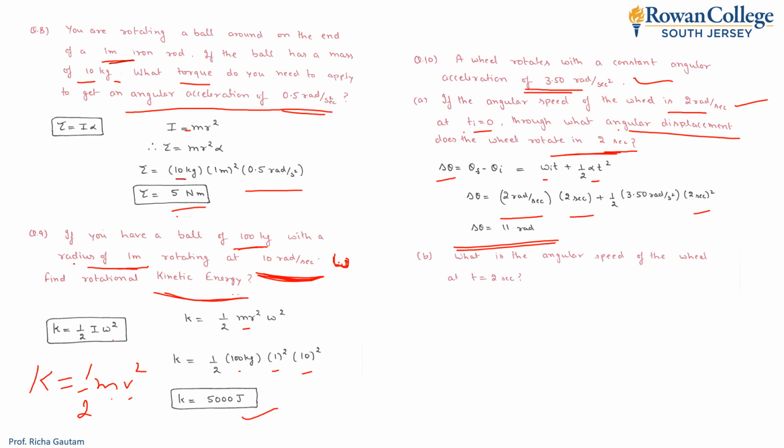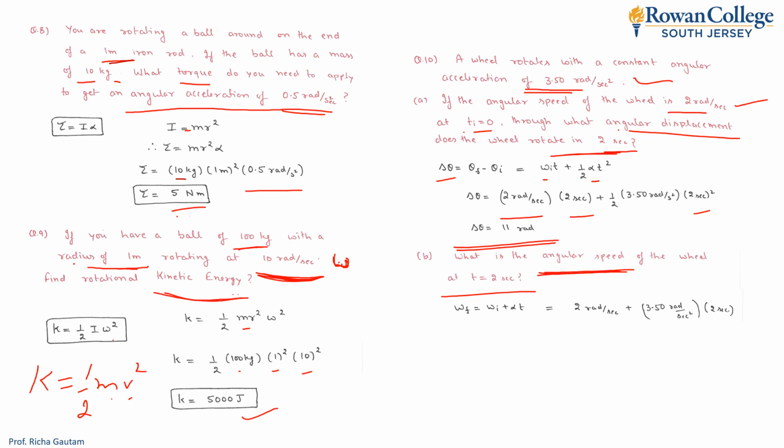B part, what is the angular speed of the wheel at t equals 2 seconds? So now you need to find omega f, the final angular speed.